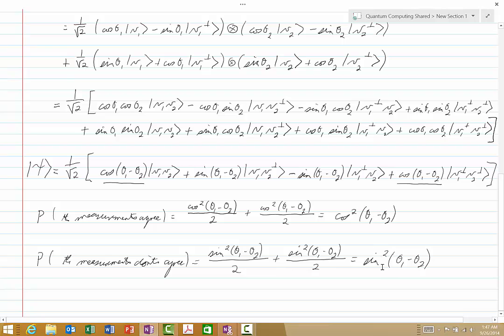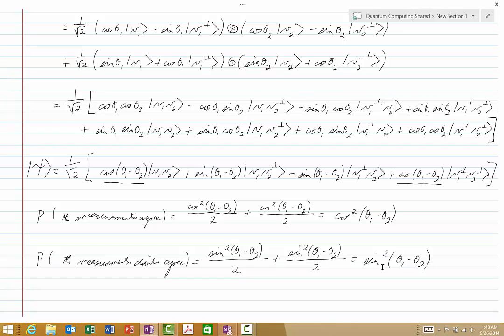And now that we have this information, this result actually is used in the explanation of Bell's inequality and the EPR paradox.